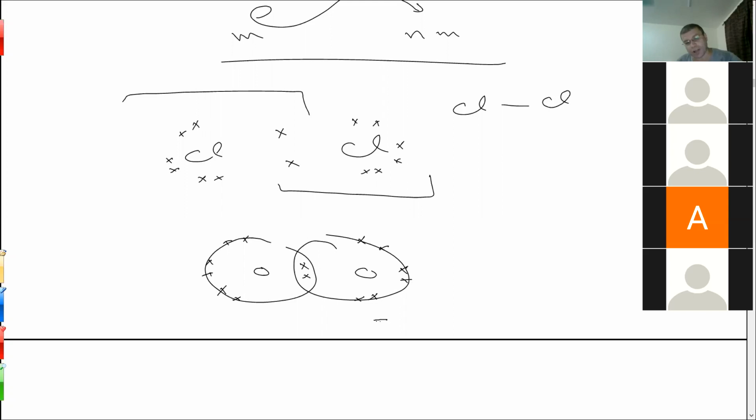This is the first chlorine atom and this is the second chlorine atom. The covalent bond is the electrostatic attraction force between the positive nuclei and the shared electrons.